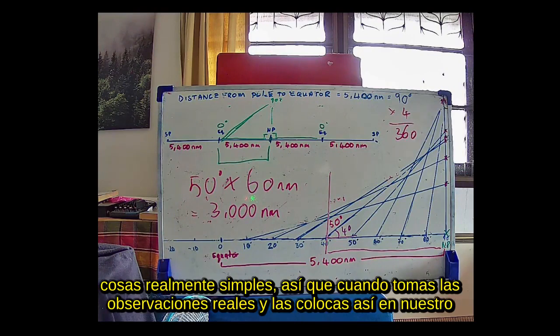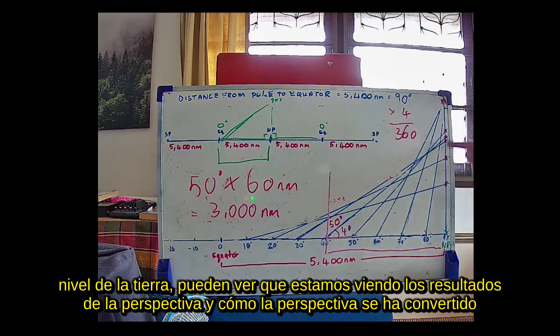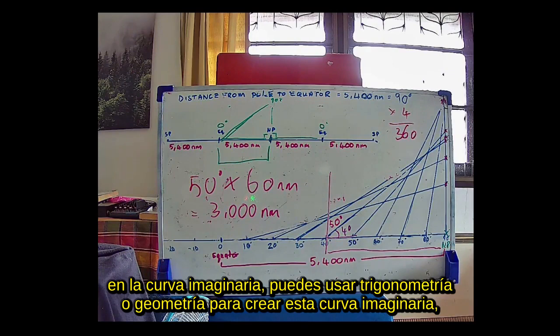Yeah, really simple stuff. So when you take the actual observations and you put them like that onto our level Earth, you can see that we are seeing the results of perspective and how perspective has become the imaginary curve. You can use trigonometry or geometry to create this imaginary curve.